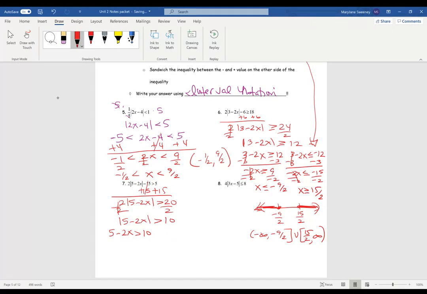I keep it greater than 10. 5 minus 2x out of the absolute value would be less than negative 10. So I'm flipping the sign and then negating. Divide by negative 2. If I divide by a negative, I have to flip my inequality sign.